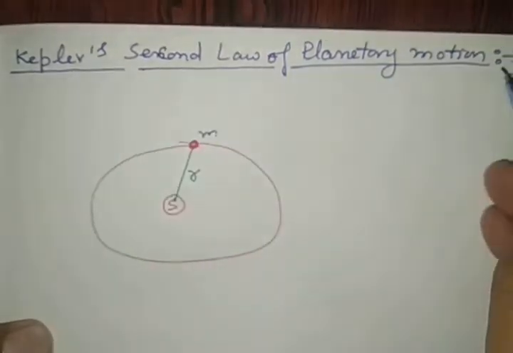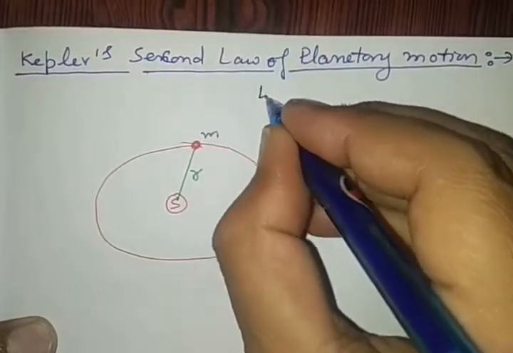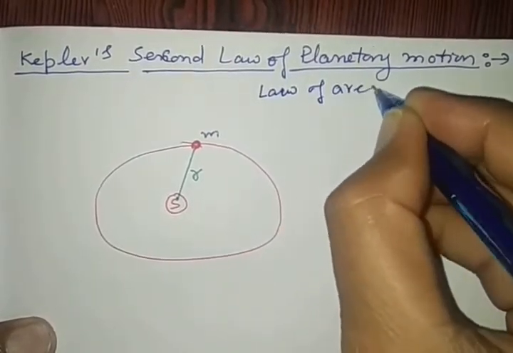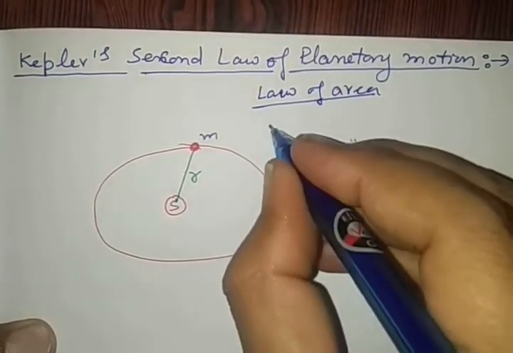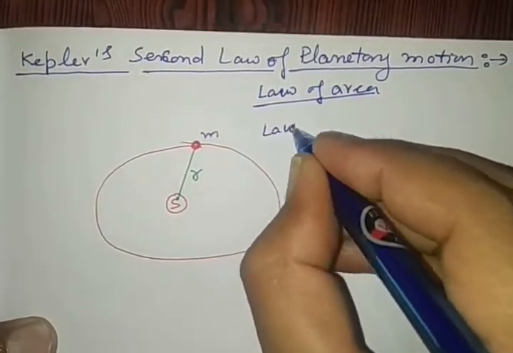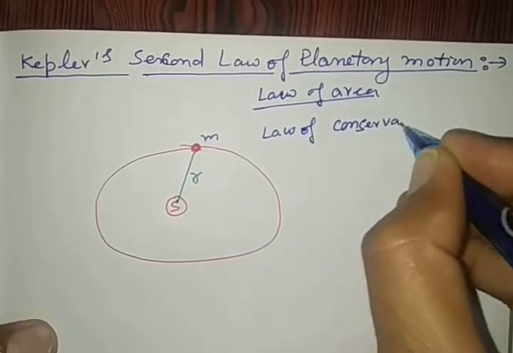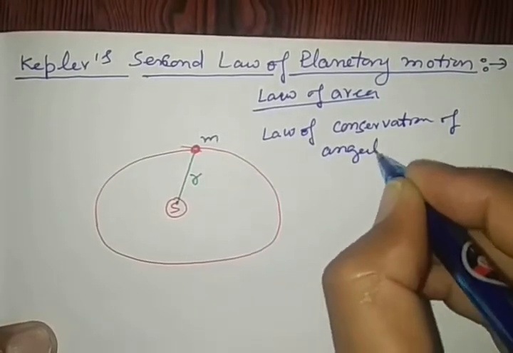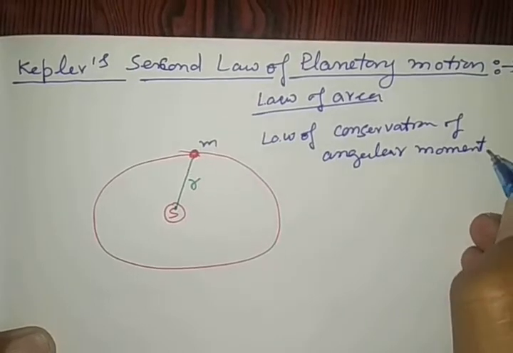We know that the second law of planetary motion is also known as the law of area, and it is also based on the law of conservation of angular momentum.